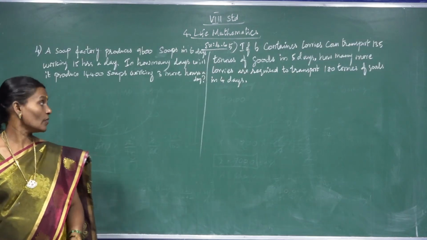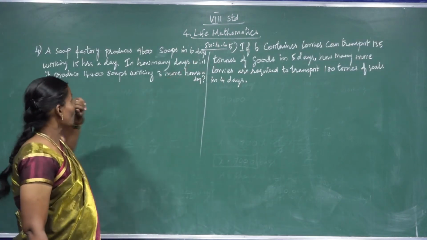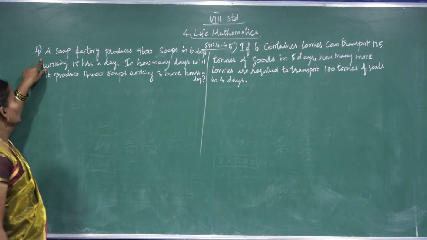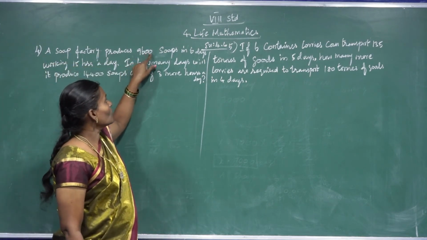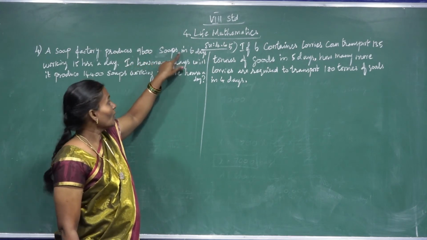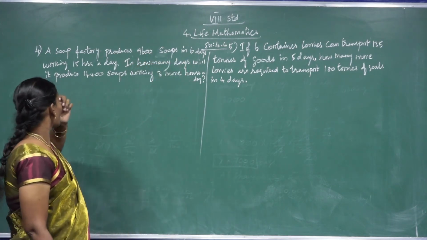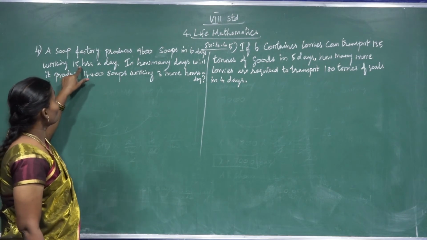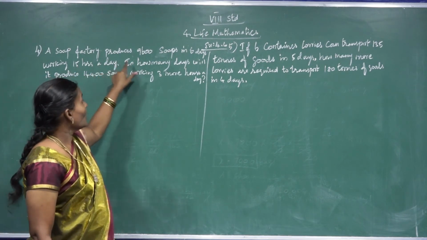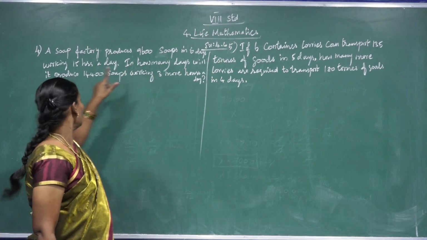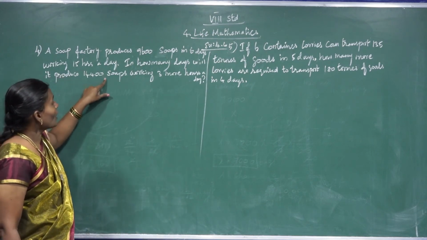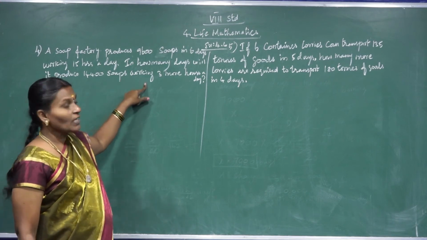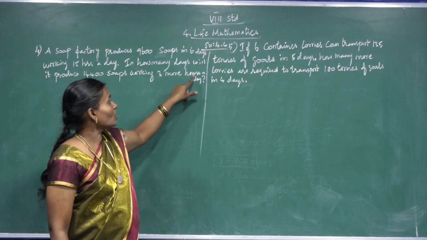Good. Now we see the fourth sum. A soap factory produces 9,600 soaps in 6 days working 15 hours a day. In how many days will it produce 14,400 soaps working 3 more hours a day?